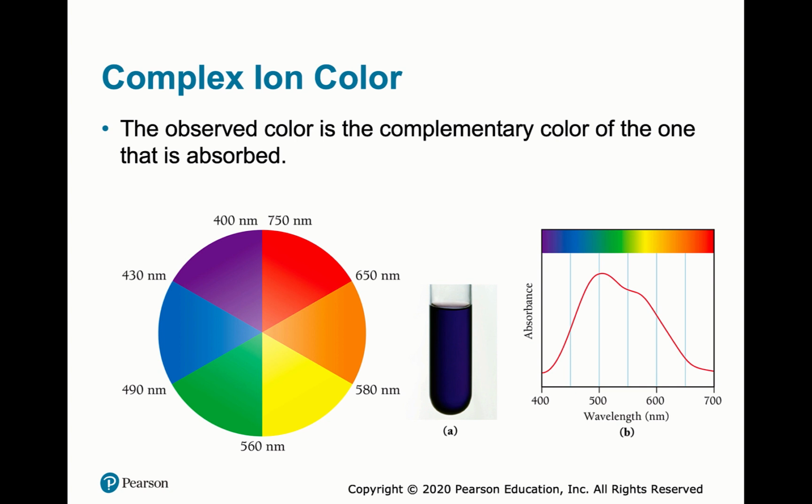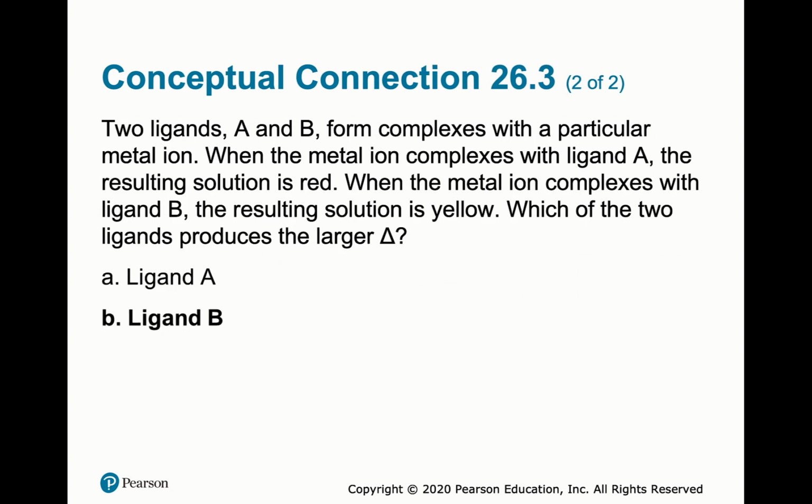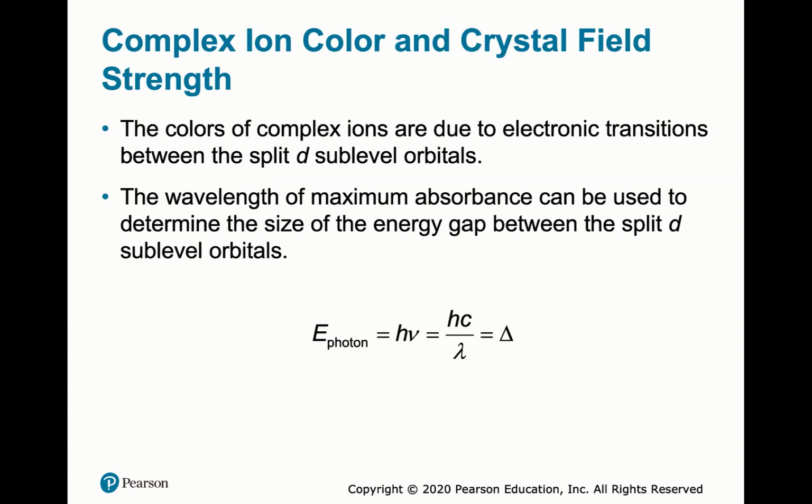So the max absorbance for the red one is green, and for the yellow one it's violet. The violet is higher energy, so that one is from the bigger jump. So this one's going to be B, because violet is a larger energy photon than green.